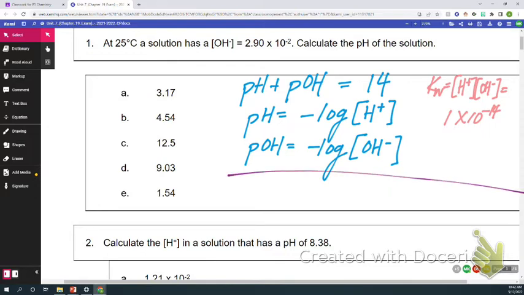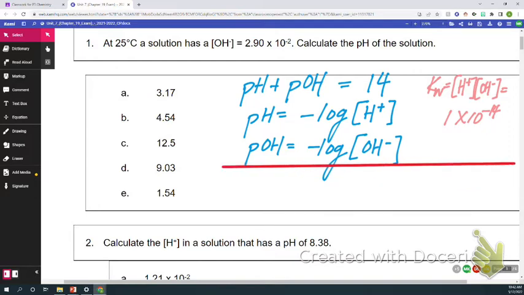Okay, two of the equations that they don't mention in your equation sheet are pretty much these two equations flipped around, like the anti-log of both of these. So what you do is this. If you're looking for H plus, maybe I'll put it on the whiteboard for you, okay? But it would be nice for you to just memorize these two.